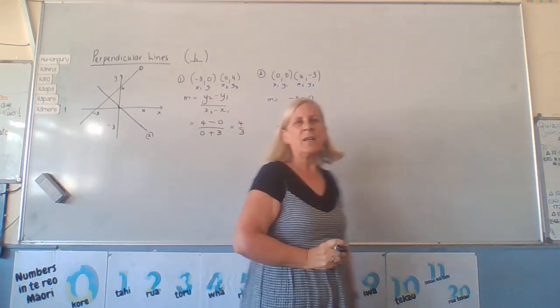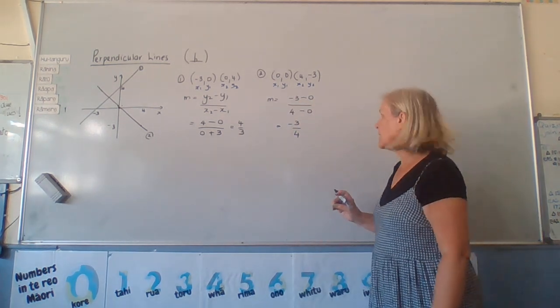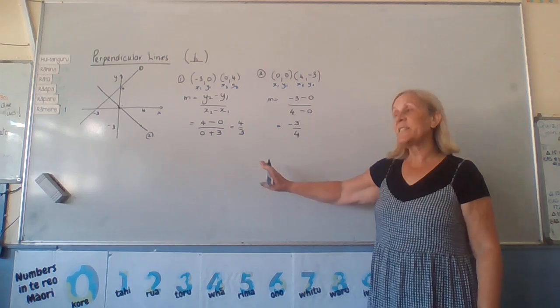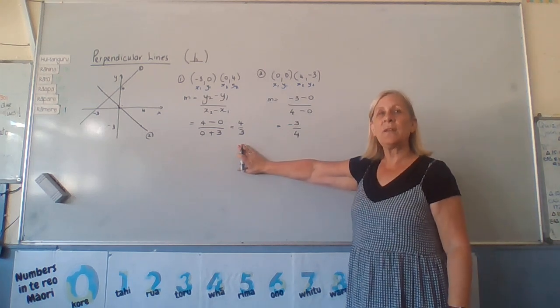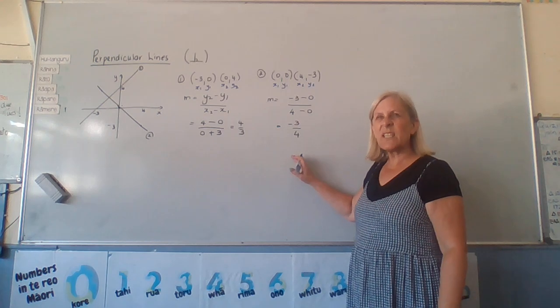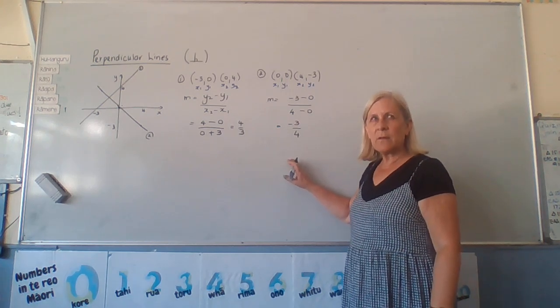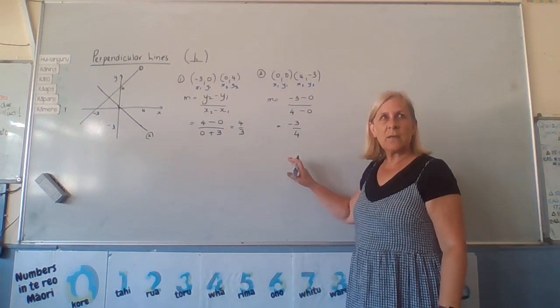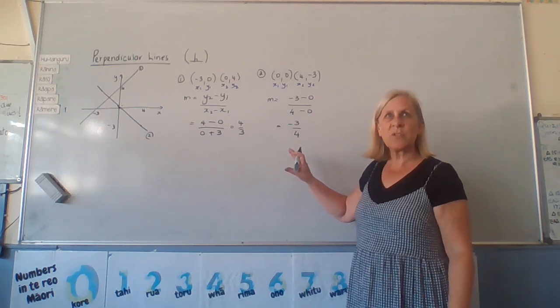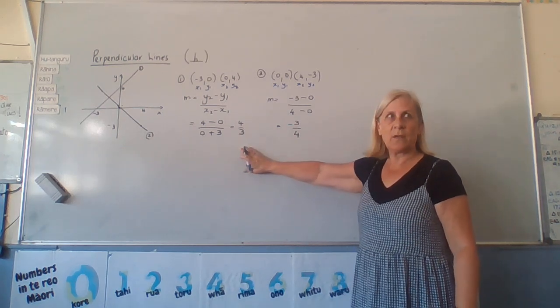All right. How could we describe these two? If I tell you that this one is 4 over 3, what's this one? It's a negative. And what else has happened to the 4 over 3?